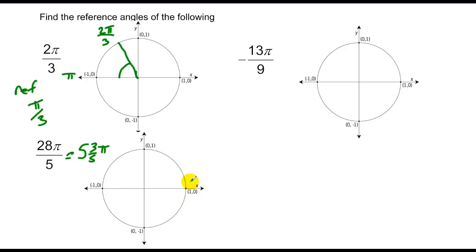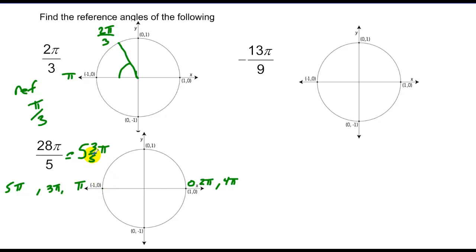So if this is 0 and this is pi, and every time I go halfway around a circle I'm at another pi, so this is 0, 1 pi, 2 pi, 3 pi, 4 pi, these are all coterminal angles, 5 pi, and now I have to go 3/5 pi more.